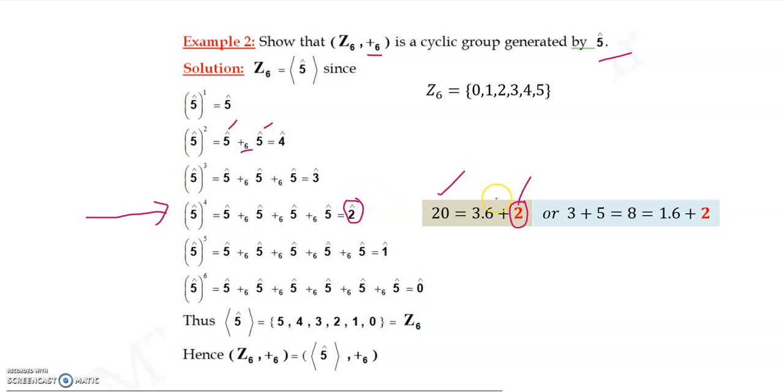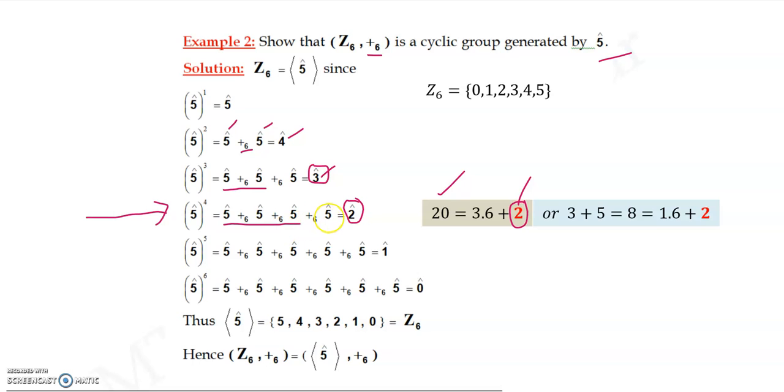In another way you can say, see here 5 power 3, what is the answer we are getting? 5 power 2 gives 4. So this 5, this 5, your answer is 4. So this 4 and 5 is 9. You divide by 6, the remainder is 3. Similarly, 5 power 3 answer is 3.